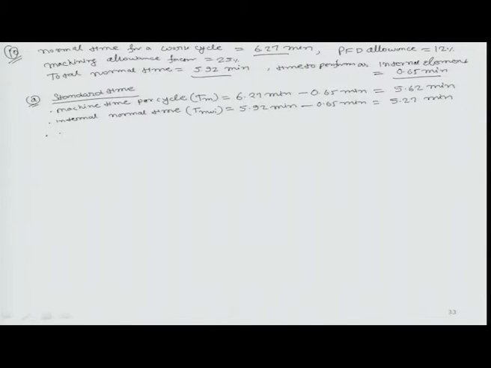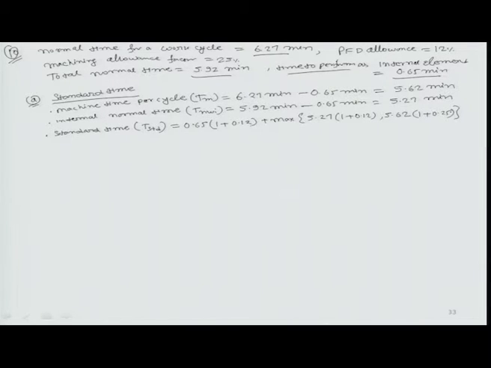So again we will use the formula for standard time we used in question number 9. So, standard time is equal to, first we include the time to perform as internal element, 0.65 minutes, times 1 plus the PFD allowance, that is 0.12, plus the maximum of 5.27, that is the internal normal time, times 1 plus 0.12, comma, 5.62 multiplied by 1 plus 0.25.